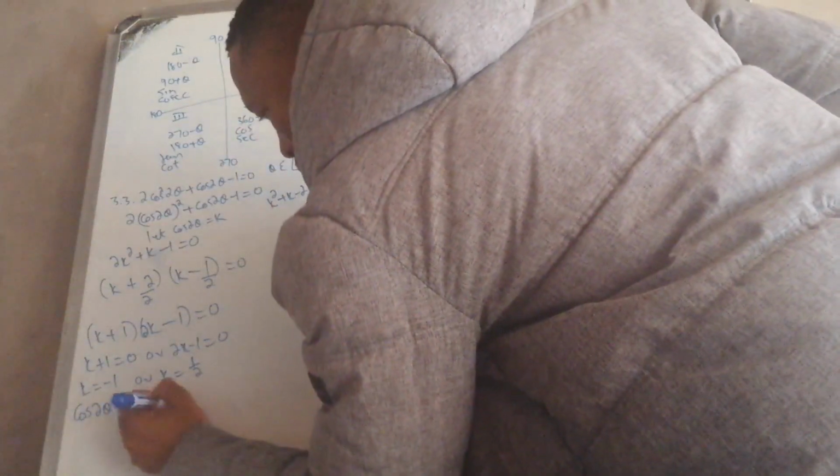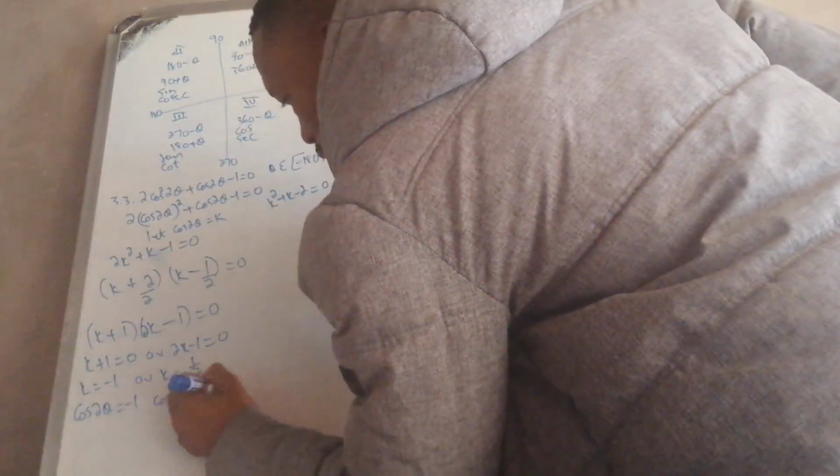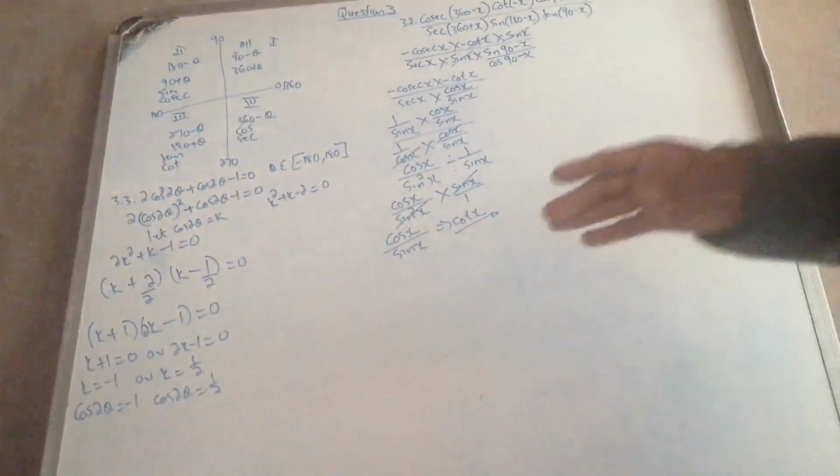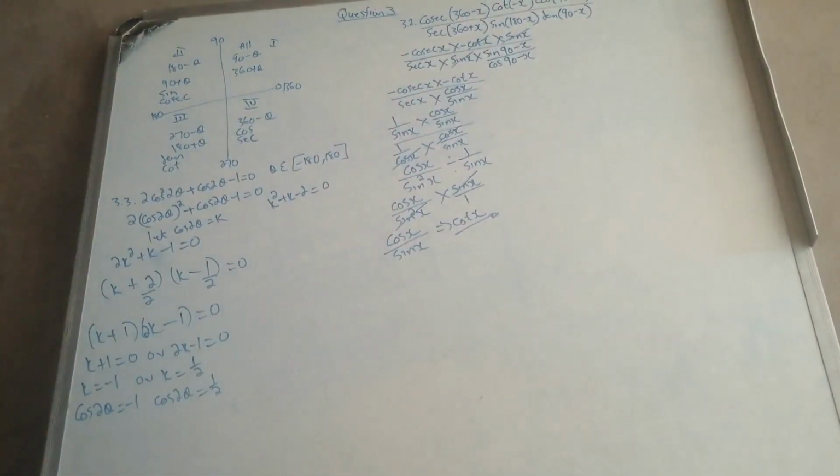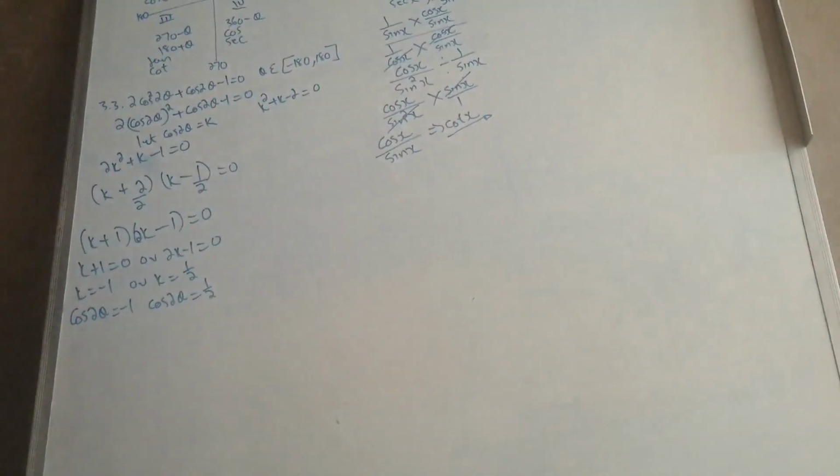So cos 2 theta equals minus 1, cos 2 theta equals 1/2. And I'm looking for the value of theta. That is exactly what I'm looking for. So I'm going to try and erase this piece, and I'm just going to take this all the way up here.